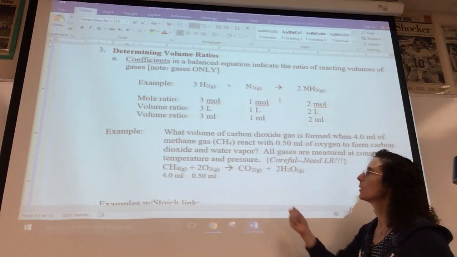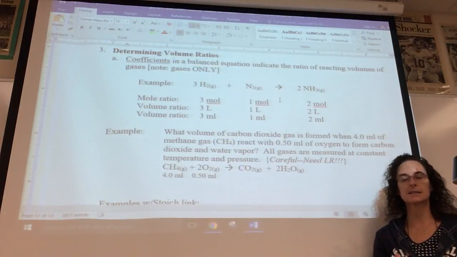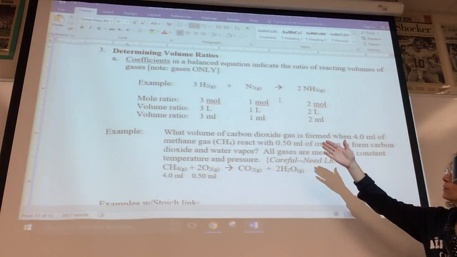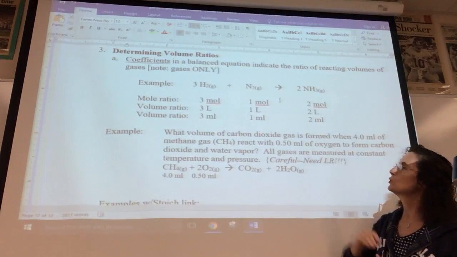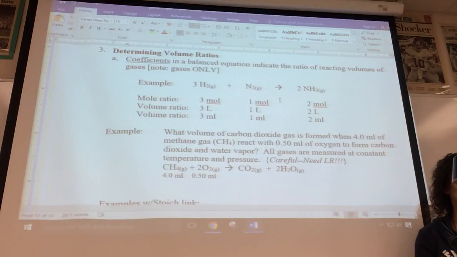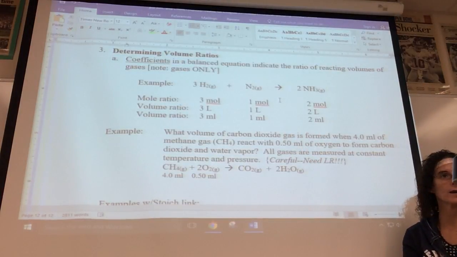So for example, you can have liters or mils, it doesn't matter, just be consistent. For every 3 liters of hydrogen gas, it will react with 1 liter of nitrogen gas to generate 2 liters of ammonia vapor. Alternatively, you can do it in mils, so you can set up mole ratios.